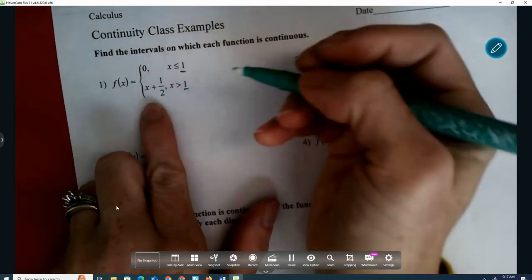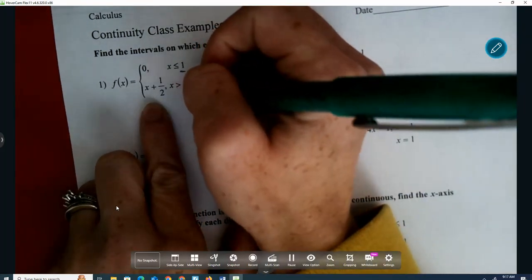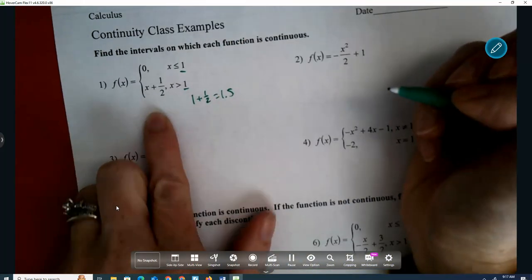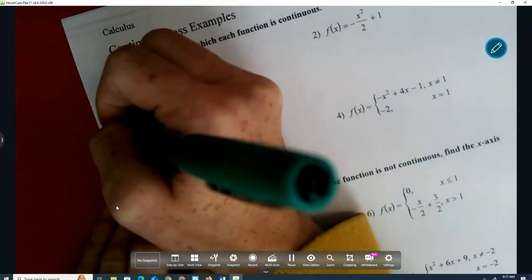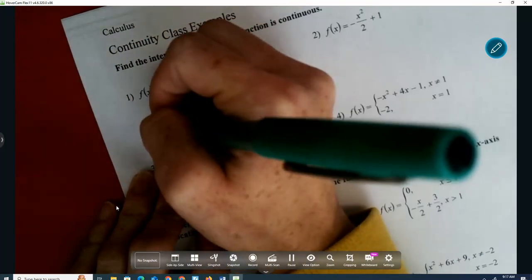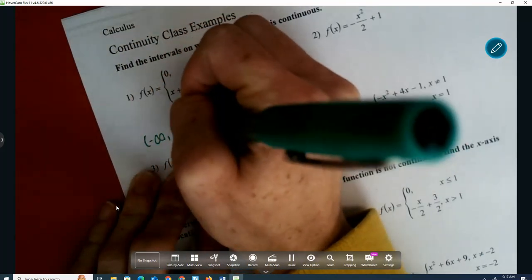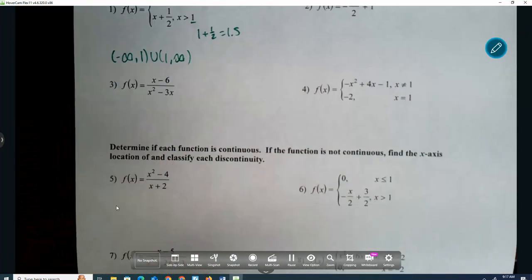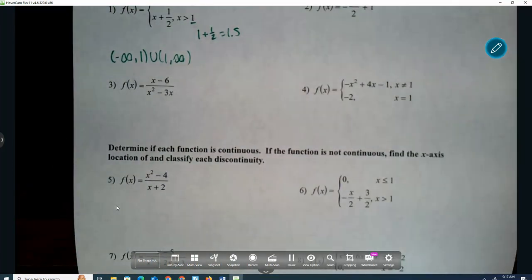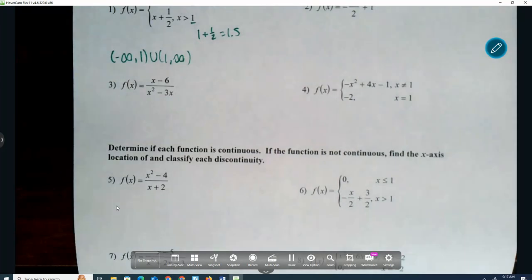What happens if I put in 1 on the second piece? So, do they match up? No. So this one is continuous everywhere else. So from negative infinity to 1 and 1 to infinity. It's not continuous at the 1 because I am jumping from one piece to the next on my graph when I do that.